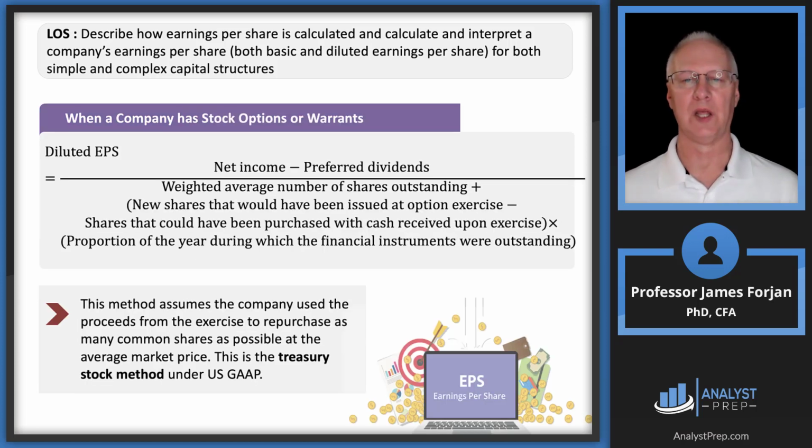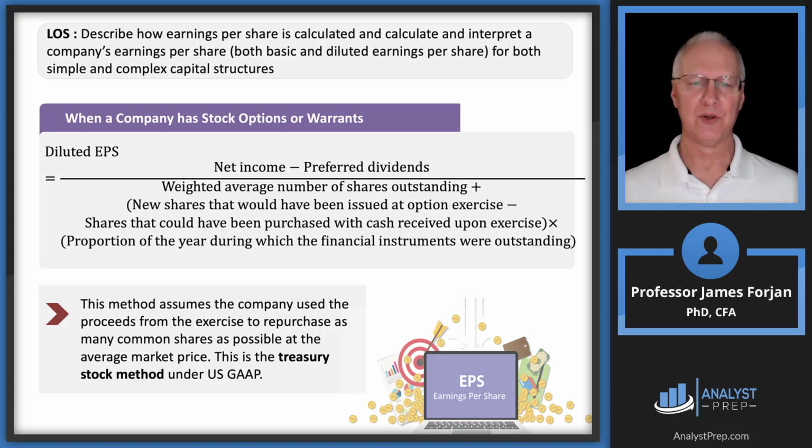Now this third one is clearly more complex if we have stock options or warrants. So notice what happens here, that the executives have the right but not the obligation to buy shares of stock in the company in which they work, right? And so we do the same thing in the numerator, but we're going to add, what are we adding here?